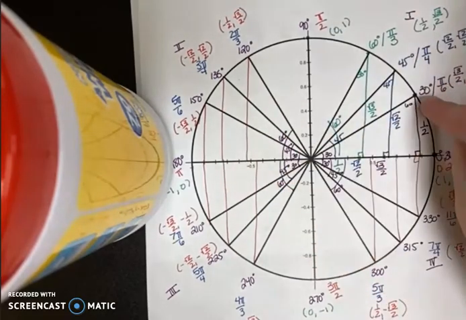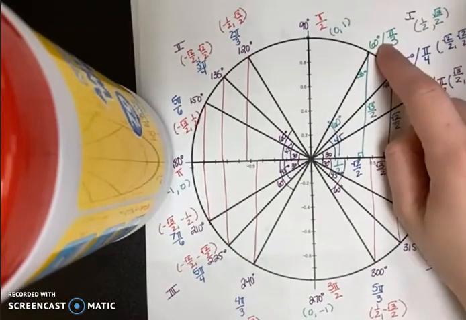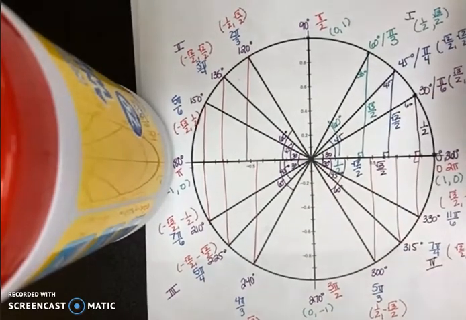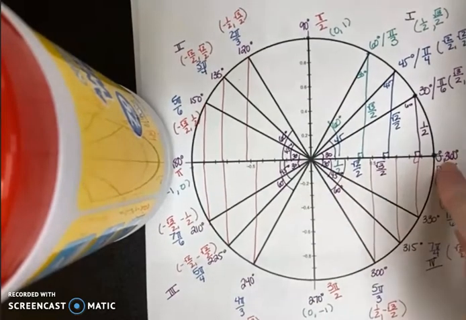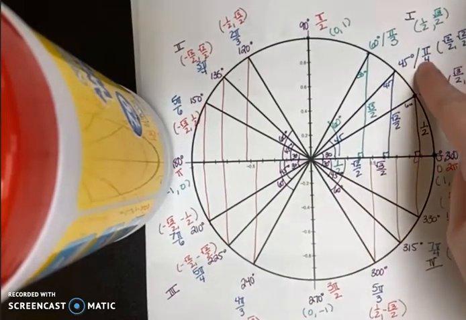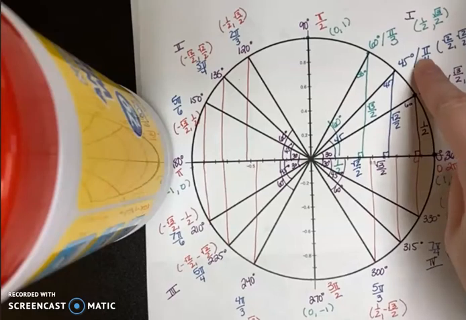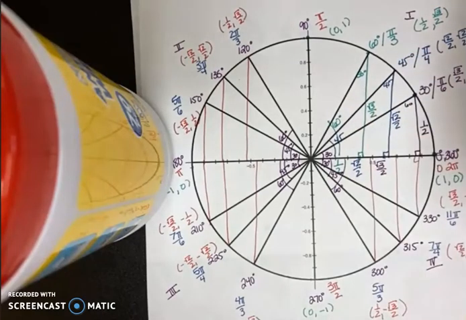Now, whenever we have pi over 6 and pi over 3, tangent's either going to be root 3 over 3 or root 3. And that's not a point that's so easy to plot on a coordinate plane. So instead, we're just going to use the quadrantal angles and the pi over 4s to get our coordinates for looking at the pattern of a graph.